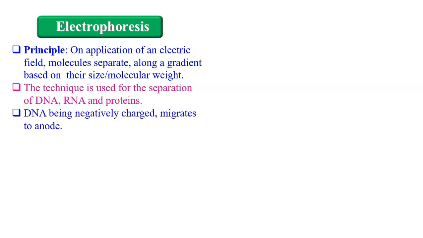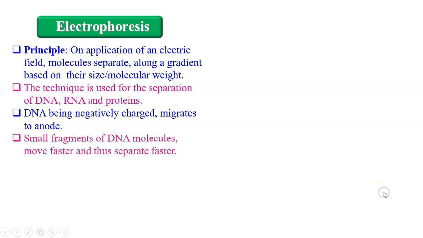The DNA molecules are negatively charged, so on application of external field, they migrate from cathode to anode. In addition to that, small fragments of DNA molecules move faster and thus they separate faster, and this enables them to create a kind of a gradient based on their molecular size.